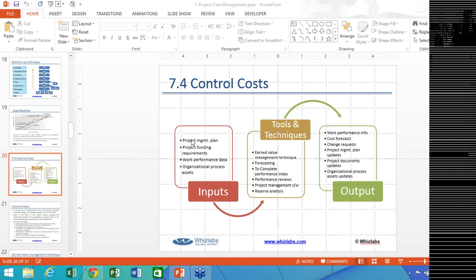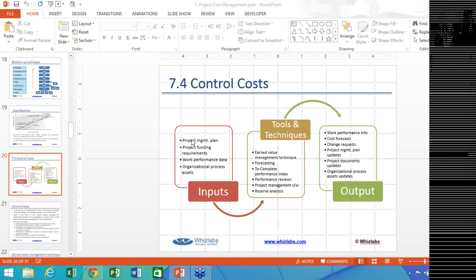I think yesterday we talked about the inputs to control cost. Within the project management plan, one input which goes to control cost is the cost baseline.